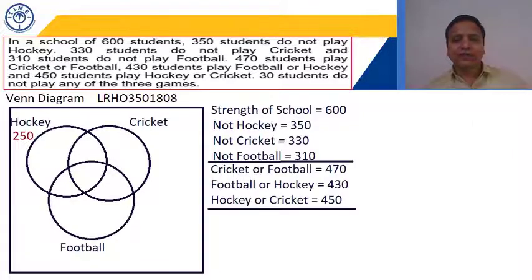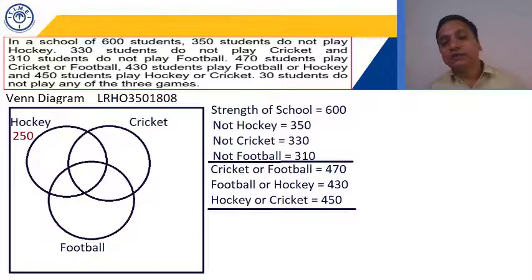So we write cricket or football, or means union: cricket or football 470, football or hockey 430, hockey or cricket 450. I hope this is correct.